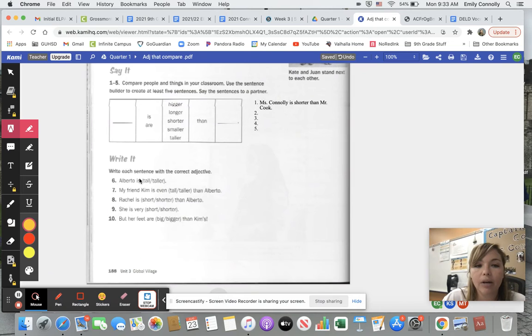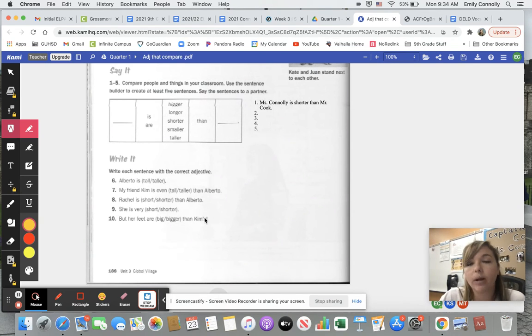So Alberto is tall or taller. My friend Kim is even tall or taller than Alberto. Rachel is short or shorter than Alberto. She is very short or shorter, but her feet are big or bigger than Kim's.